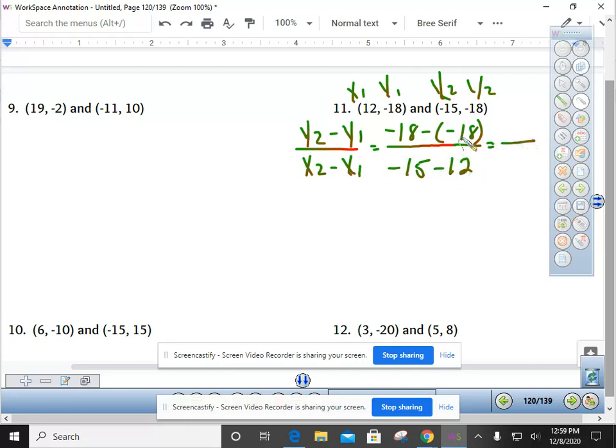So here, negative 18 plus 18 is 0 over negative. But what's the answer? 0. That means the line is going like this.